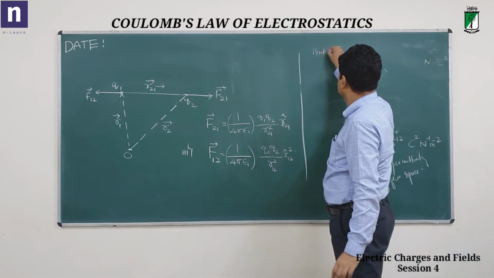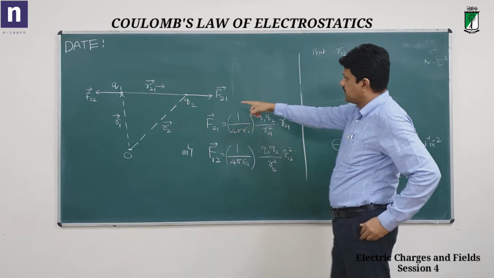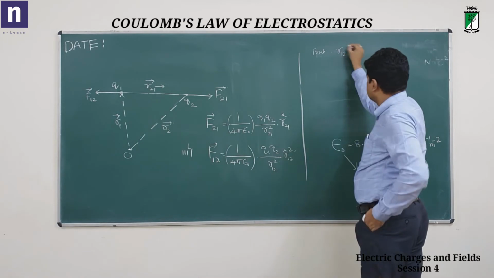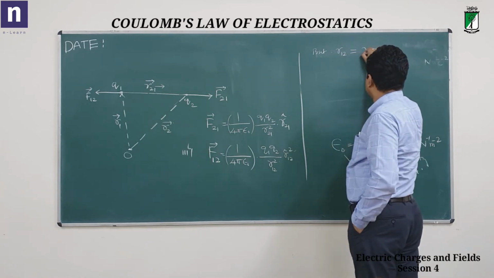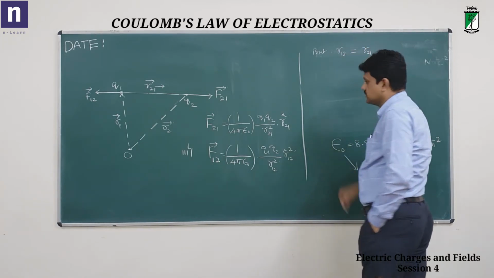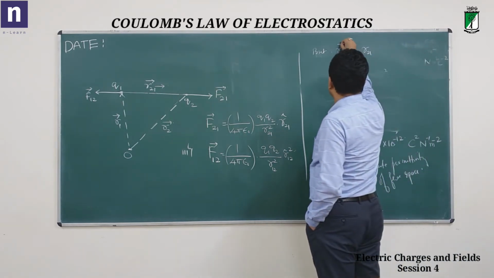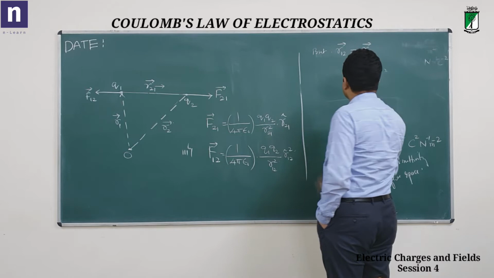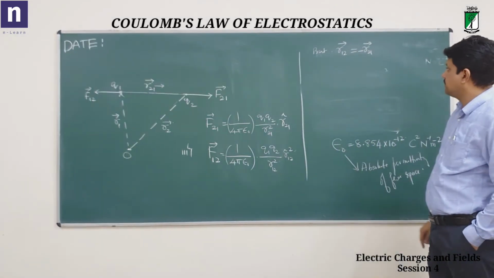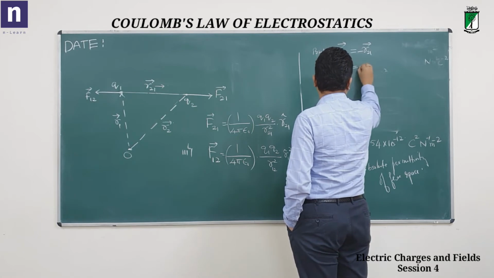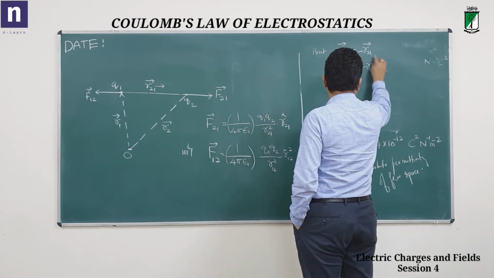So we know that the distance of charge 1 from charge 2 is equal in magnitude to the distance of charge 2 from charge 1, whereas the directions are opposite. So when I take them as vectors, I just have to write a negative sign here. They are opposite in direction. Therefore, of course, R12 cap is equal to minus R21 cap.